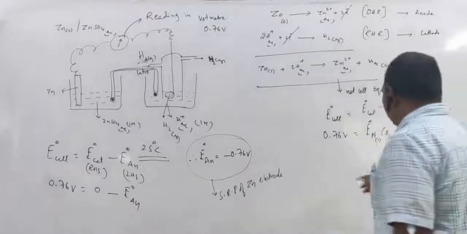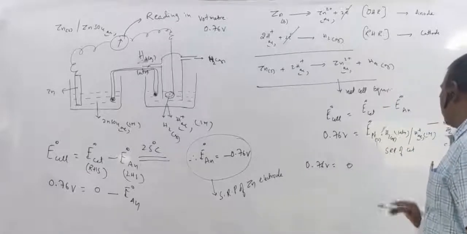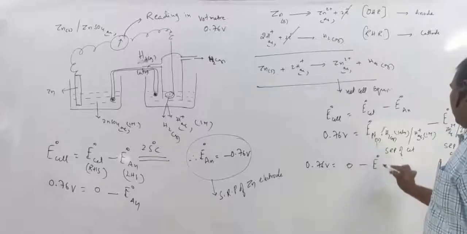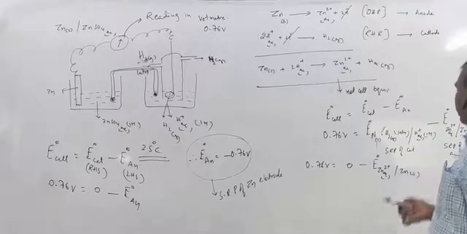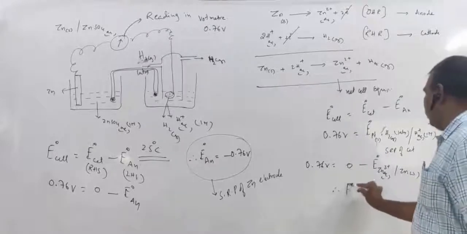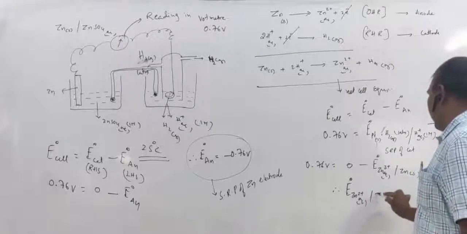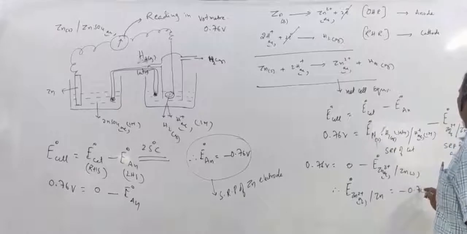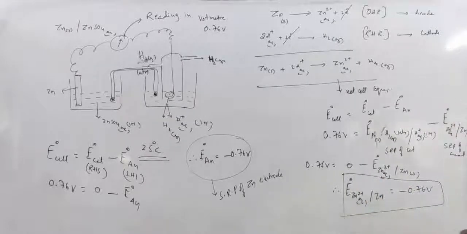Now, 0.76 volts equals 0 minus E naught Zn2 plus to Zn solid. Therefore, E naught of Zn2 plus to Zn is minus 0.76 volts. So in this way, electrode potential values of electrodes are determined.